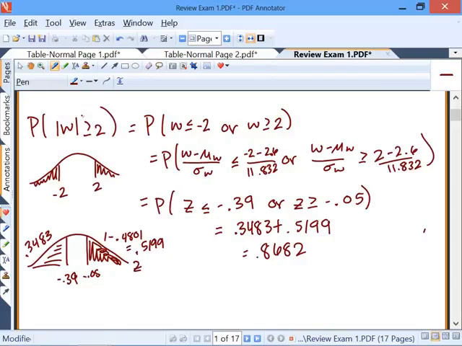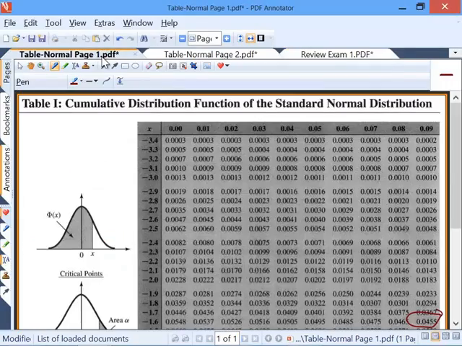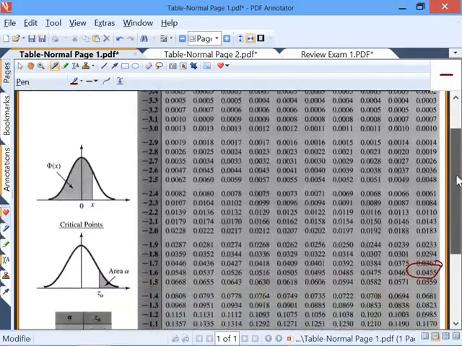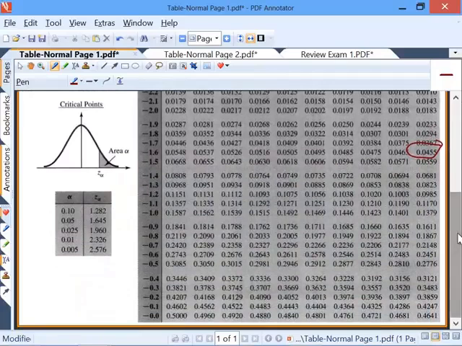So, questions here? Could you run through how you got that 0.3483? Oh, 0.3483. So my Z value is negative 0.39, and I was looking for the area to the left. So if I go to my Z table, I'm looking for negative 0.39. So negative 0.3 down the side, and then go across to the 0.09 in the hundredths place, gives me my 0.3483.